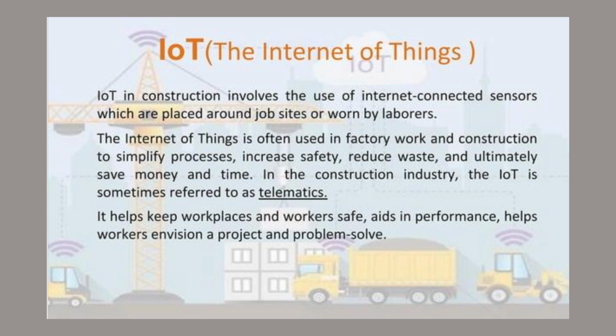In the construction industry, the IoT is sometimes referred to as telematics. It helps keep workplaces and workers safe, aids in performance and helps workers envision a project and problem solve.